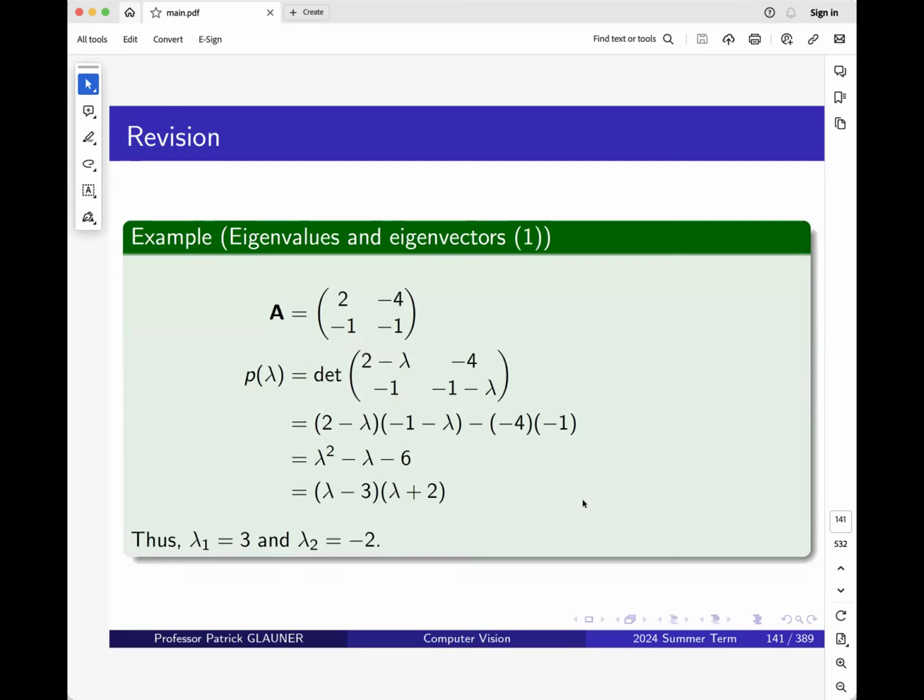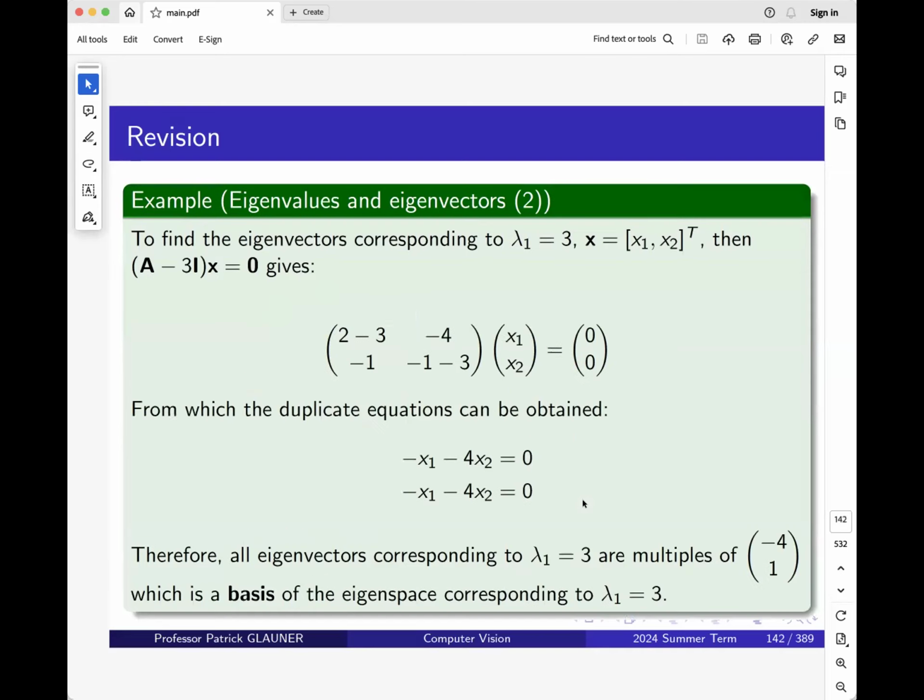That's exactly what we just did. And in order to find the corresponding eigenvectors, there's an eigenvector for the eigenvalue lambda 1. We can put in this lambda 1, which is 3, into this matrix as before from this characteristic polynomial.